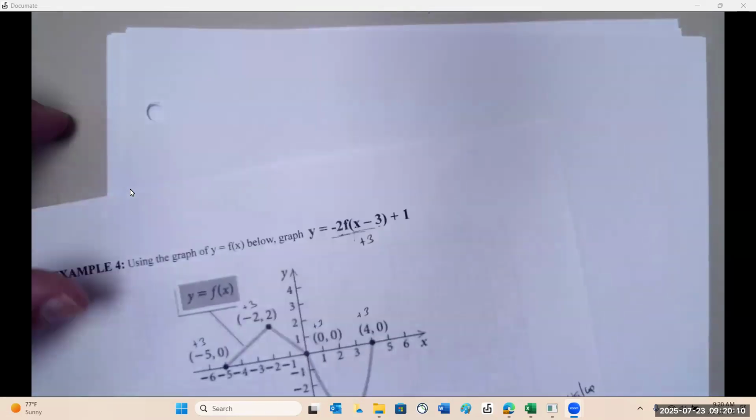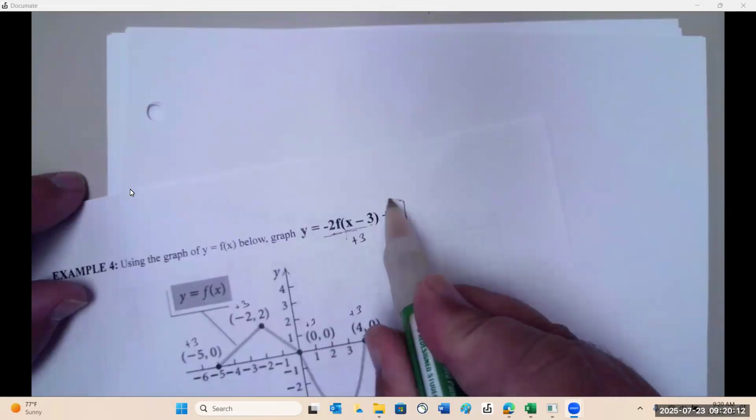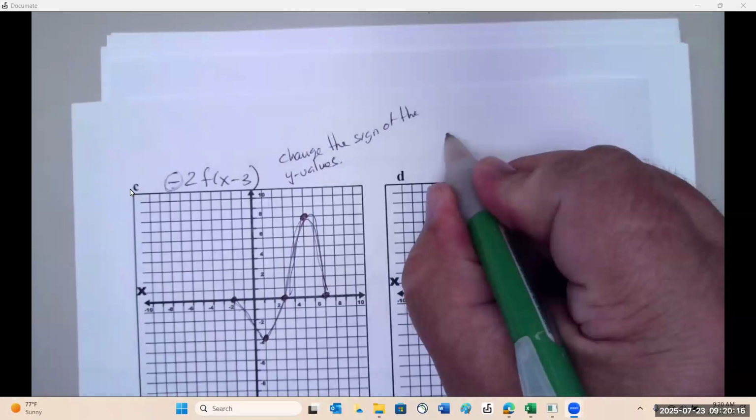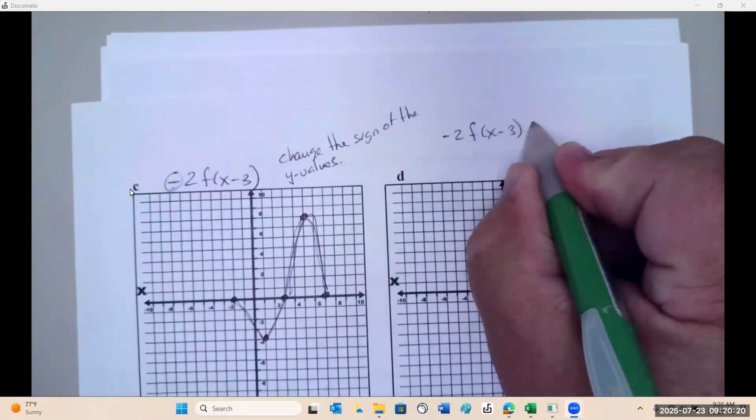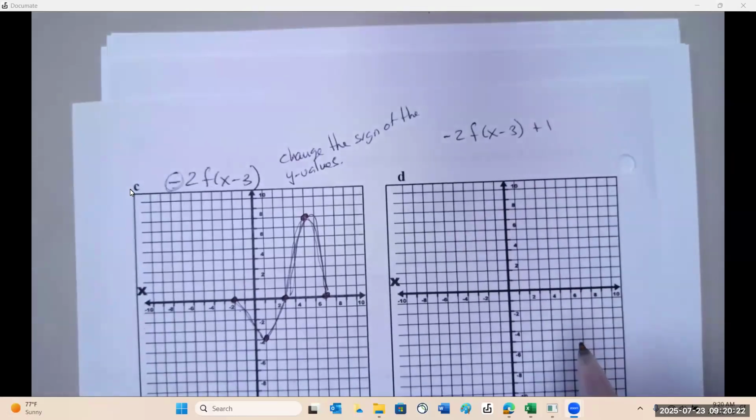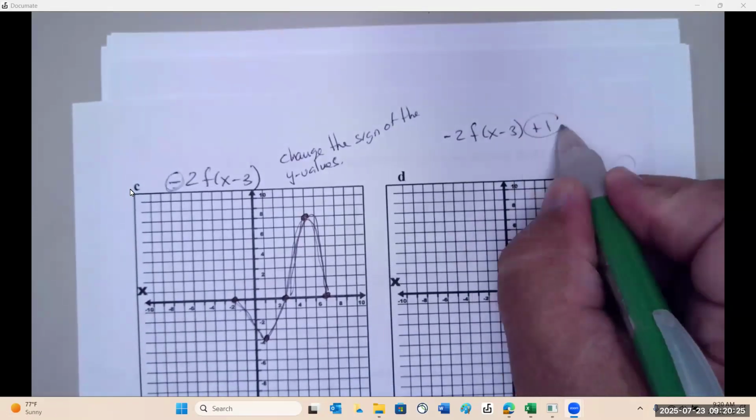Then the last transformation is I add 1 to it. I have negative 2 f of x minus 3 plus 1. The next thing I have is this one. What does it do?